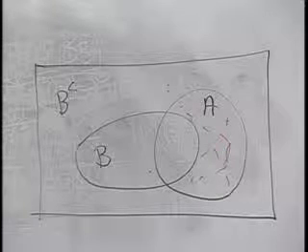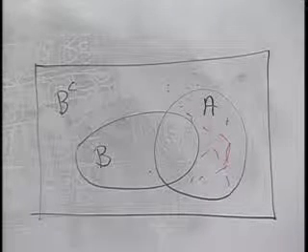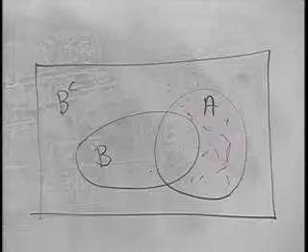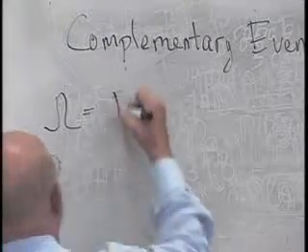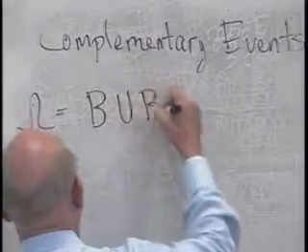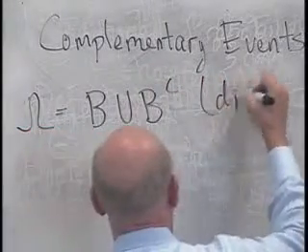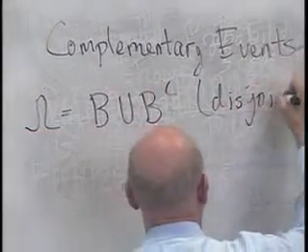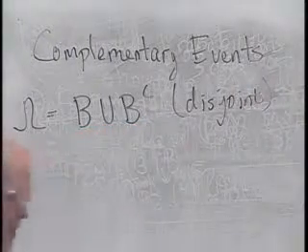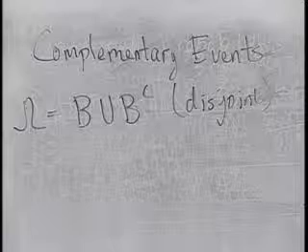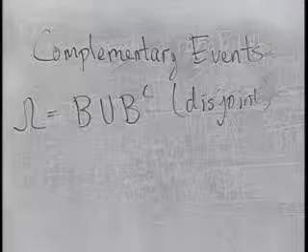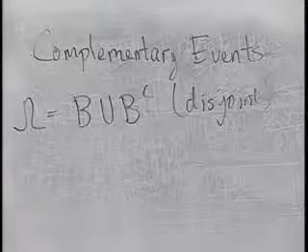I will do this quite formally. The universal set, omega, is, of course, the union of B and its complement. Take any event and its complement, their disjoint union is the entire set. Either an event happens or it doesn't.